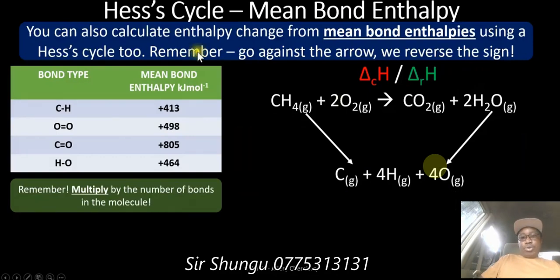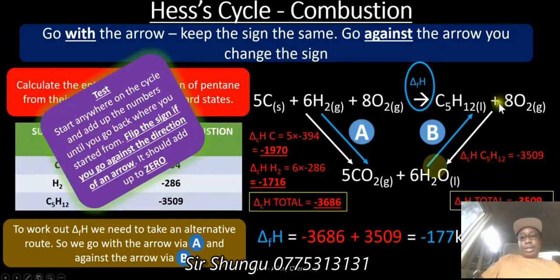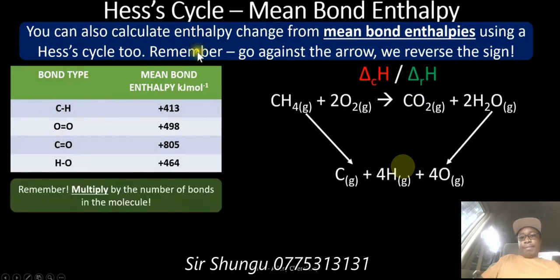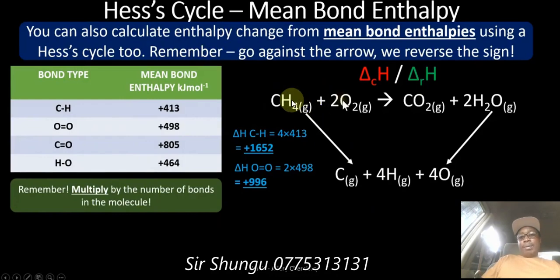Okay, so let me just go back to it. See the structure here. The arrows are pointing down from here to here. Only that here we have combustion products, but in this case we have constituent elements. So we are breaking this not by combustion, but we are thinking we have to break these bonds into the constituent elements. That's the reasoning. So these tend to have a similar structure.